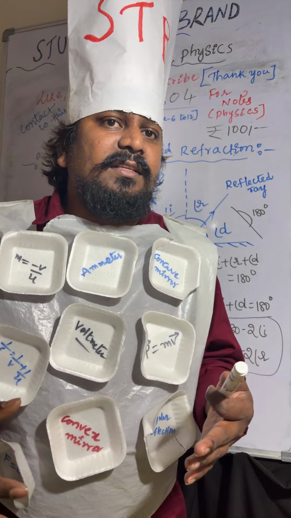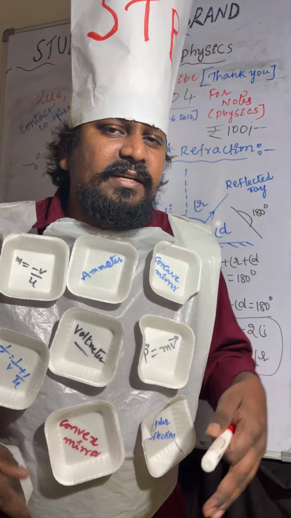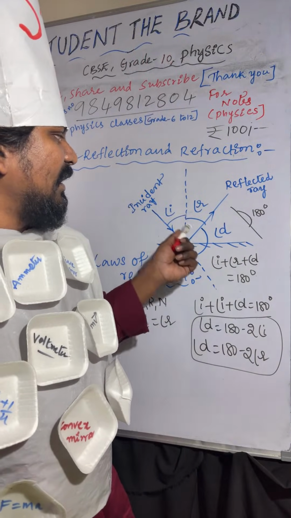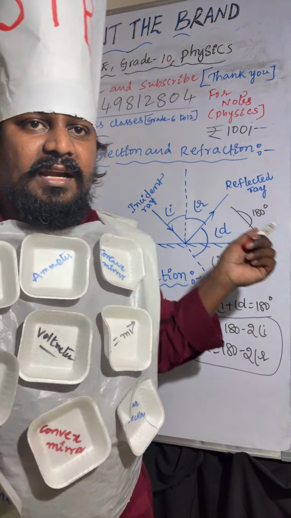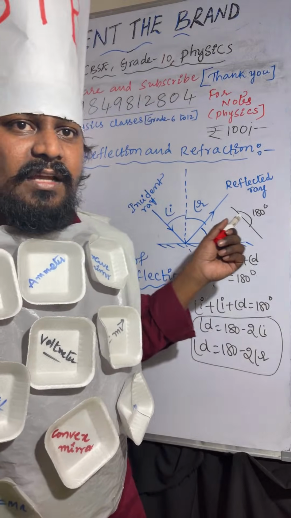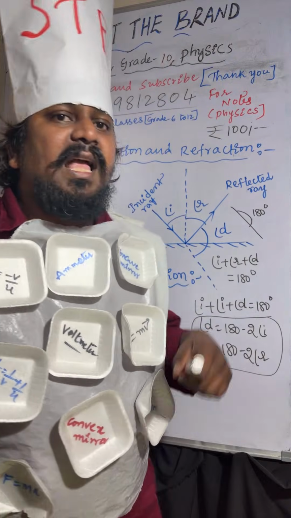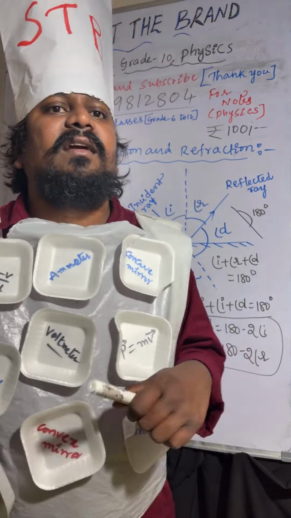The circle total is 360 degrees. Half of the circle is 180 degrees. So here I am taking this angle as a linear angle, 180 degrees, right? So angle of incidence plus angle of reflection plus angle of deviation equal to 180 degrees.